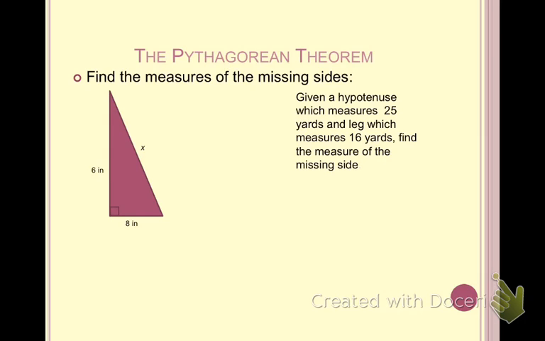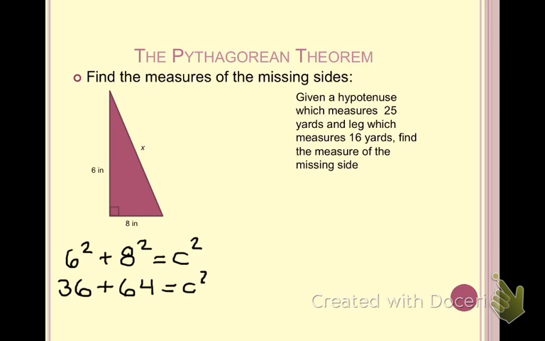So we would have 6 squared plus 8 squared equals c squared. 8 and 6 are our two legs, and x is our hypotenuse, so we know that we're looking for c squared. 6 squared is 36, 8 squared is 64.